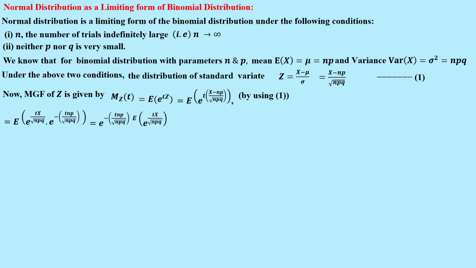So expected value of the first one, because this expectation is only applicable for x, the remaining are all constants, so e power minus t np by root npq is a constant with respect to that expectation. Take it outside the expectation, so e power minus t np by root npq into expected value of e power tx divided by root npq.